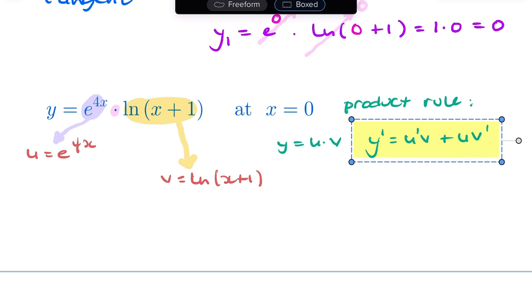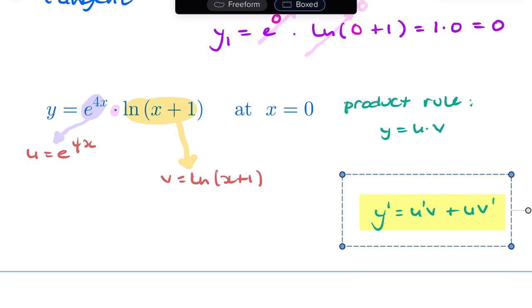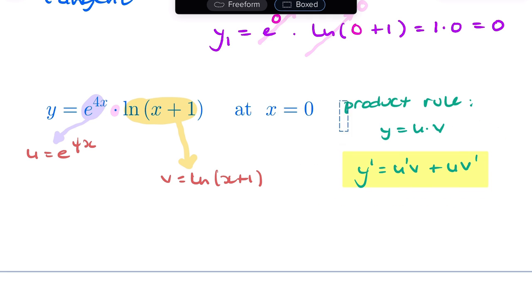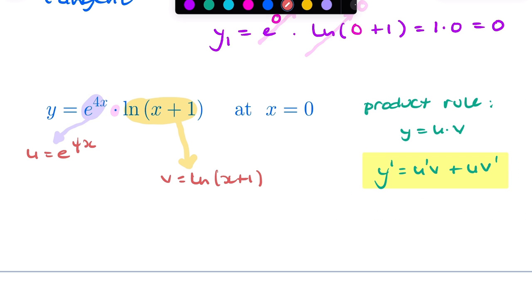So let me move this out of the way. What we now want to do is to differentiate u. The derivative of an exponential is the same, but we then multiply by the derivative of 4x.